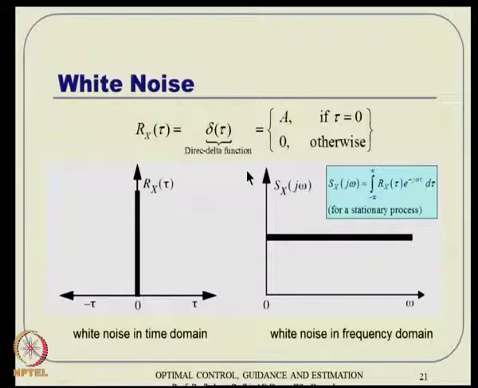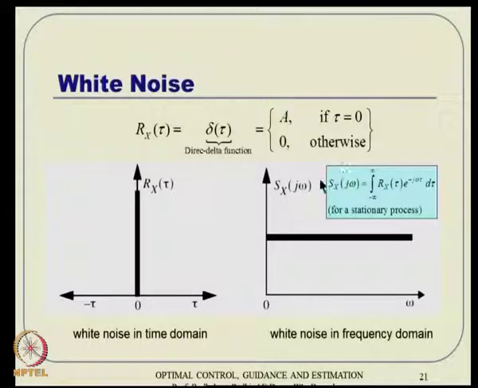Now, the same thing can be interpreted in different ways also. If you talk about the time domain, Rx of tau can be represented something like this, at 0 it has some value. And anything like this can also have some frequency domain interpretation as long as the process is stationary.